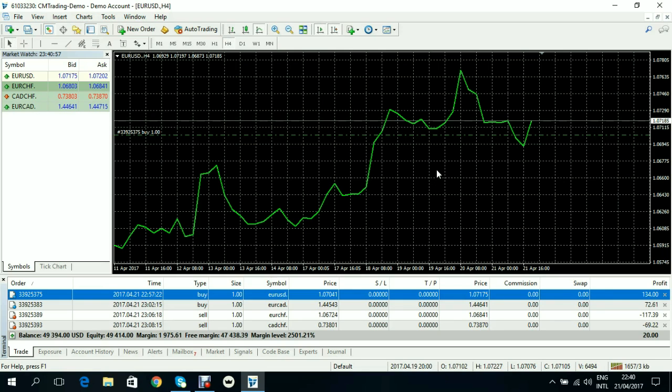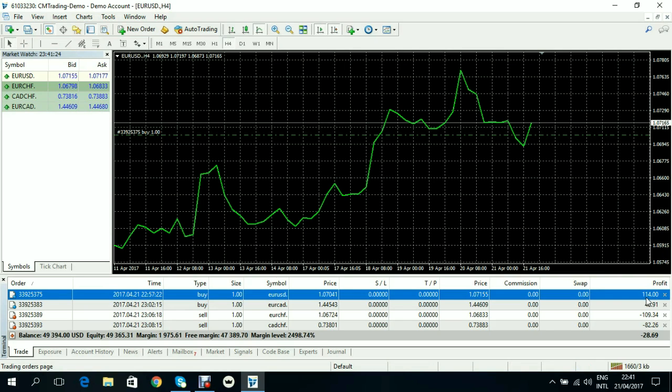Alright, so basically you'll find out that in the previous lesson, when we were looking at the golden rules, we placed these trades based on the rule that the Euro USD is going up.